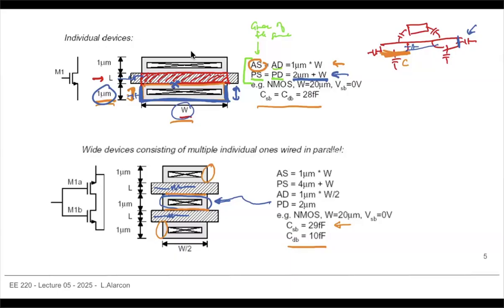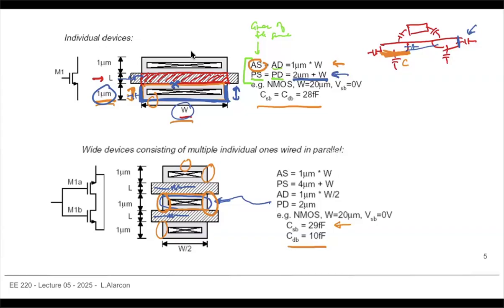So the only thing that you're looking at is this and this. When you get to share those regions, you amortize that over the two transistors, and at the same time, you actually don't have a large width exposed to the substrate. So you get rid of that as well.